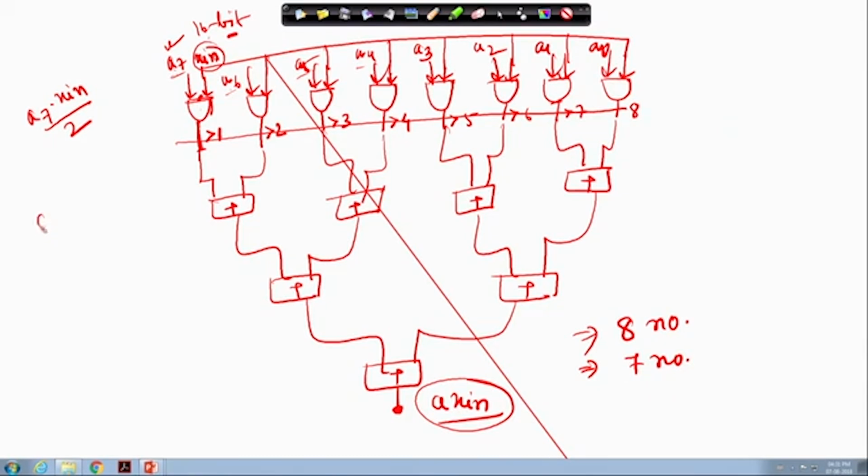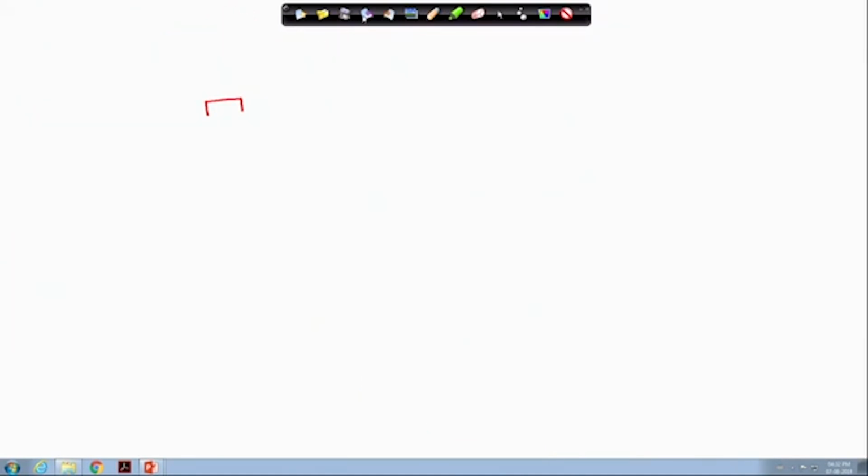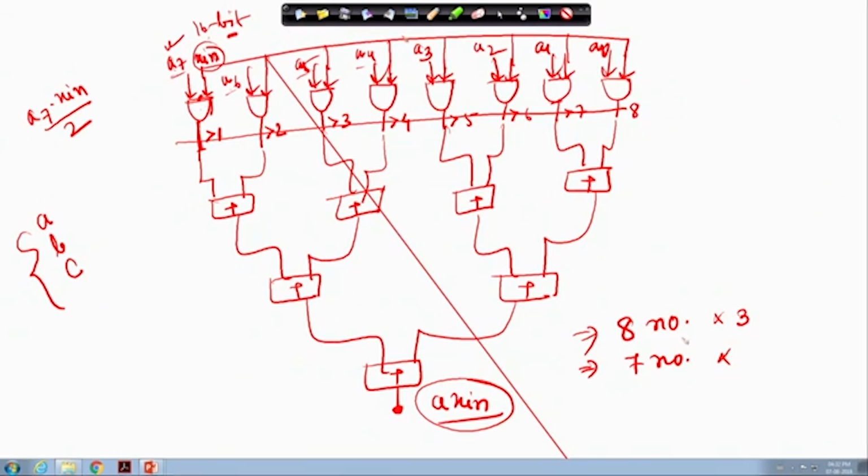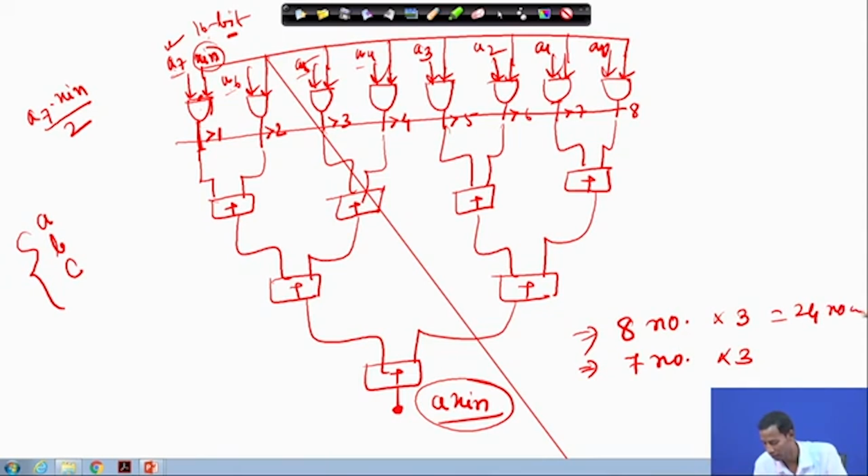If I consider A, B and C, the 3 coefficient values, then how much is required to implement this circuit where I need to do A Xin, B Xin and C Xin? Into 3, that means a total of 24 ANDing operations and 21 addition operations.